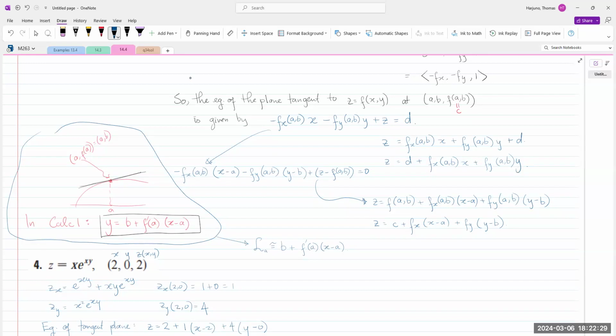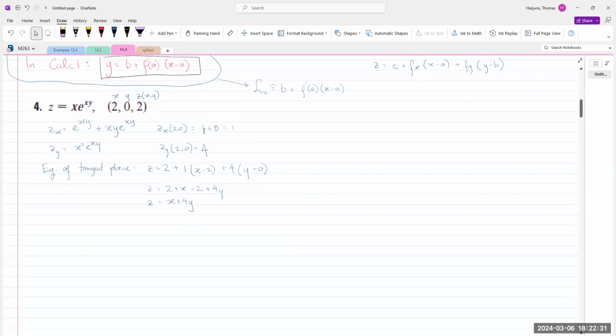Okay, in other words, when it comes to linear approximation now, it's a continuation of our tangent plane.